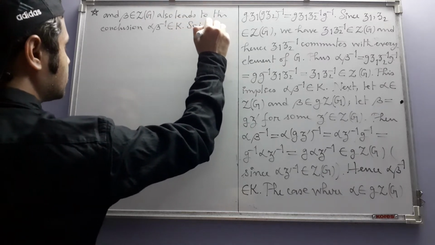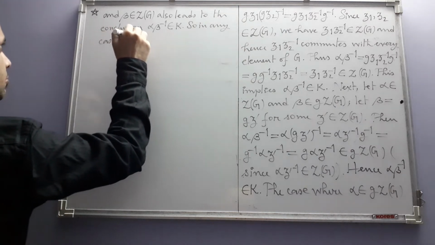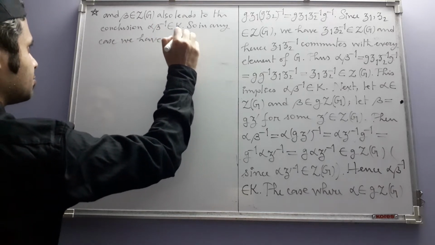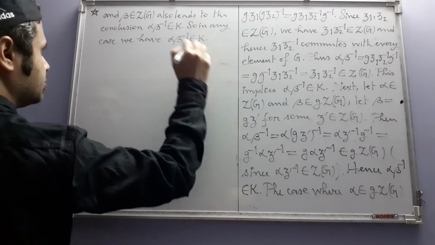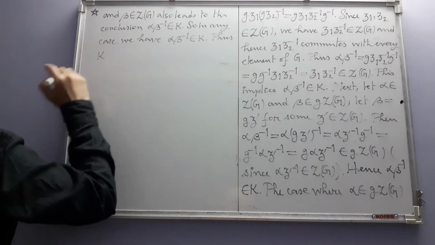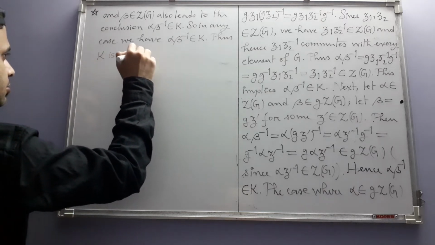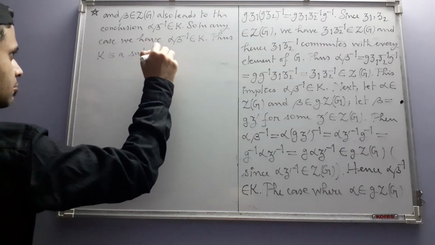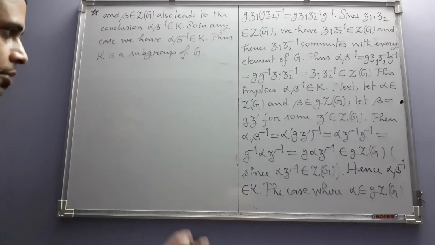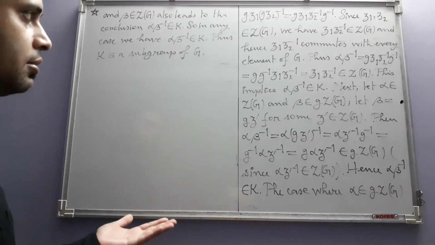So in any case, we have alpha beta inverse in K. Thus again, this new K is also a subgroup of G. The proof structure of this second part is the same as the first one.